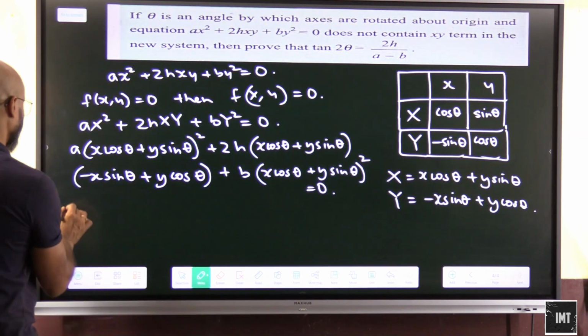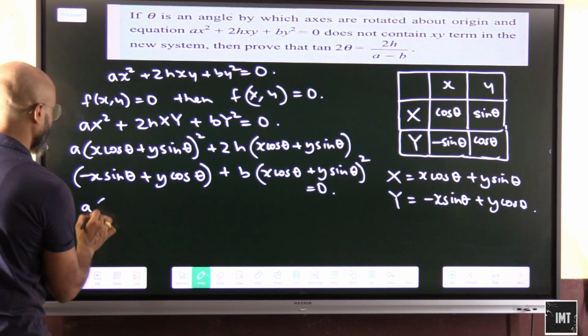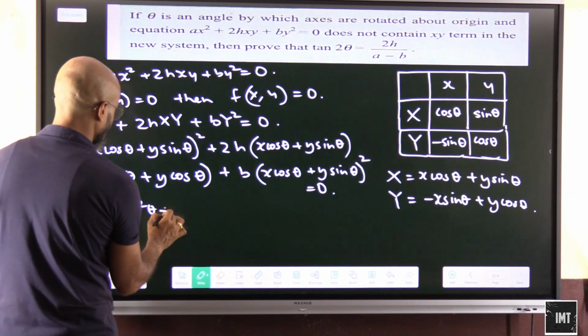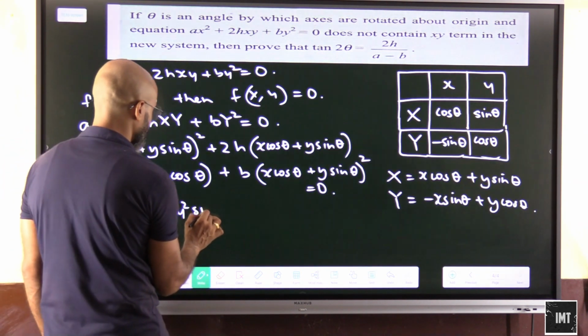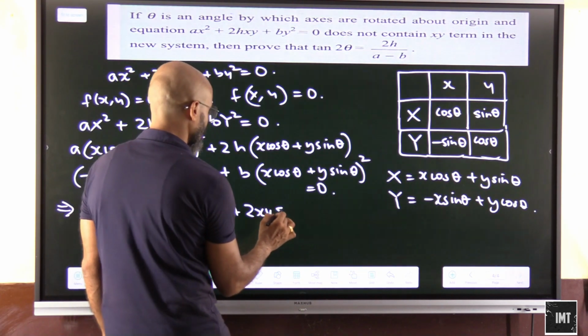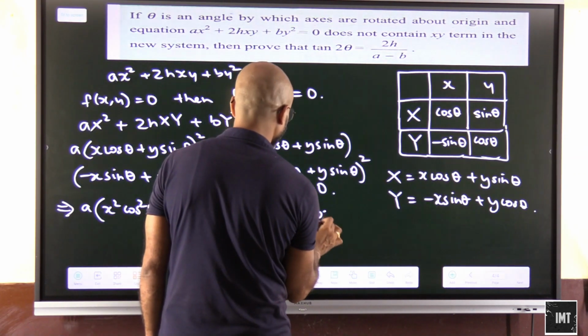So here we will have a x square cos square theta plus y square sin square theta plus 2xy sin theta cos theta.